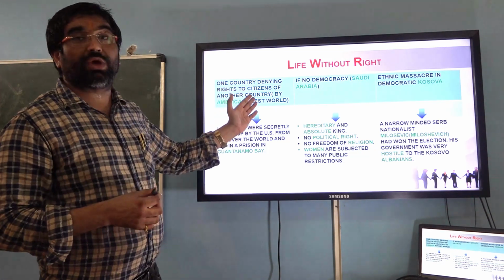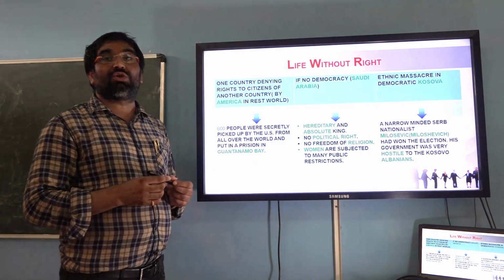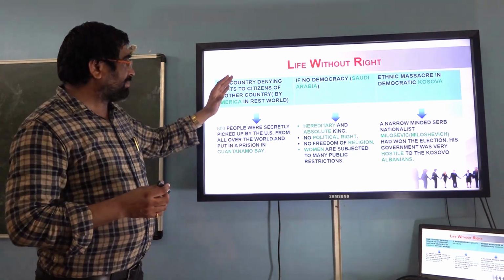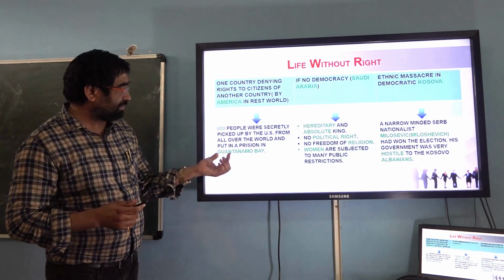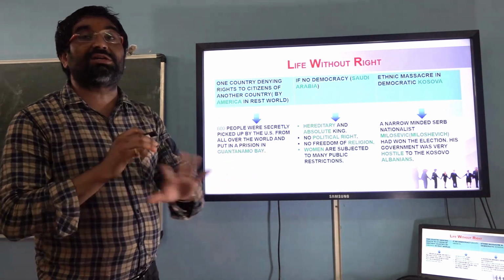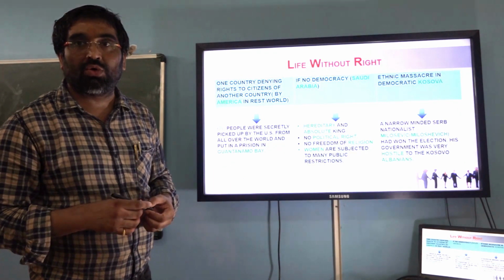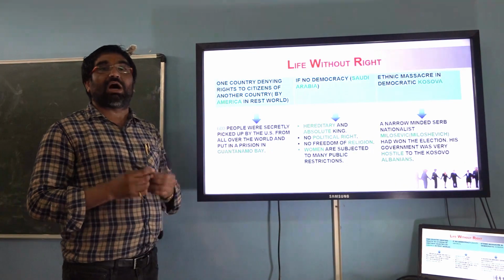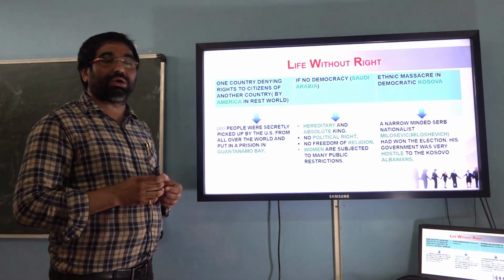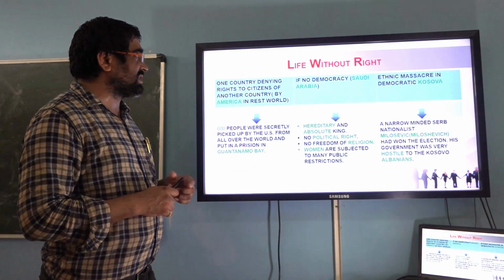Then the UNO also came into action, and when UNO people wanted to visit the jail, Guantanamo Bay in Cuba, where those prisoners were kept, the American government didn't permit the representatives of UNO. Later, Barack Obama came as president and promised the UNO and the rest of the world that they would free the prisoners and completely close that prison.